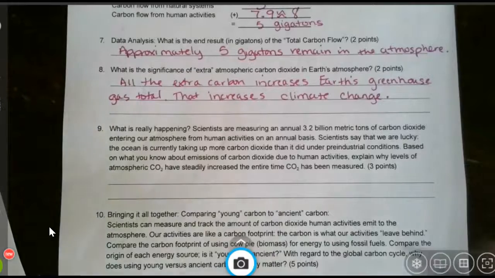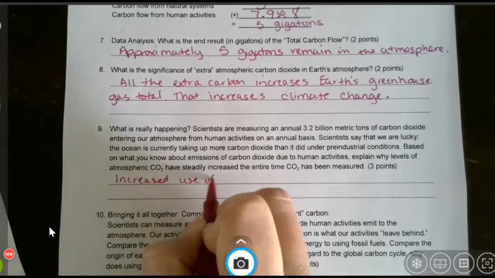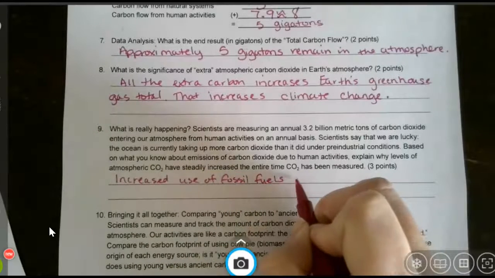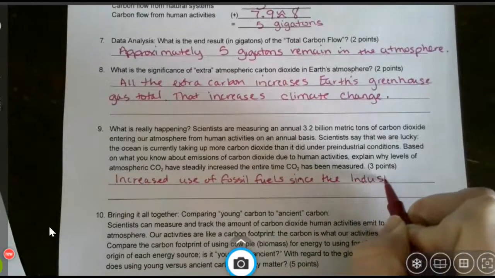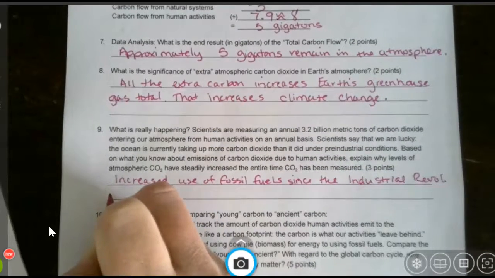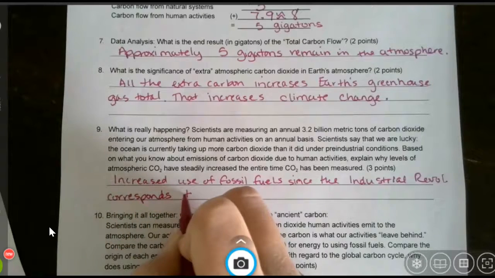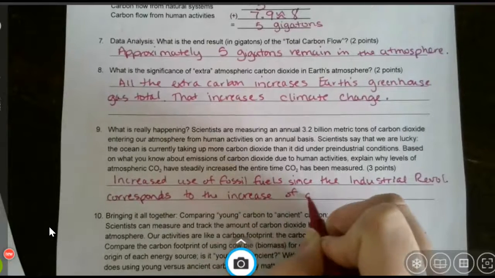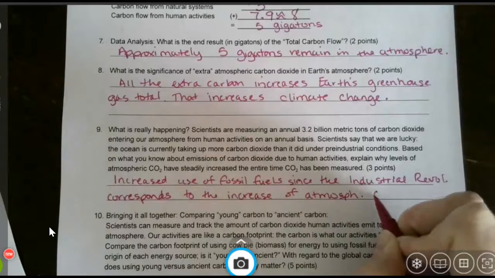So it corresponds. So increased use of fossil fuels since the Industrial Revolution corresponds to the increase of atmospheric CO2.